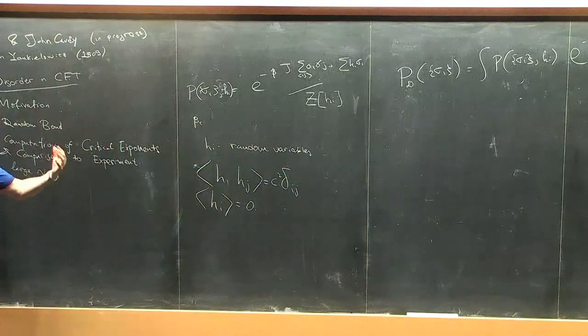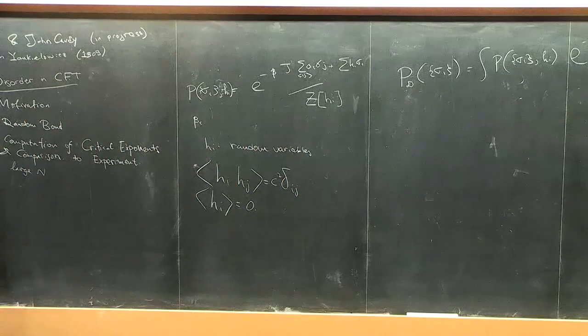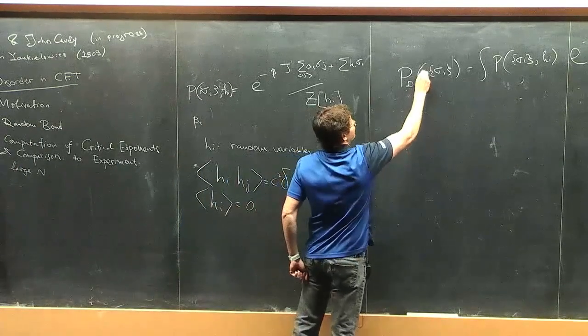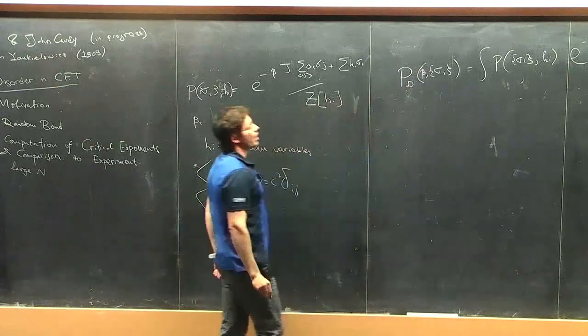This would be the disordered probability of finding the system with some sigma_i. And that would still be a function of the temperature beta.